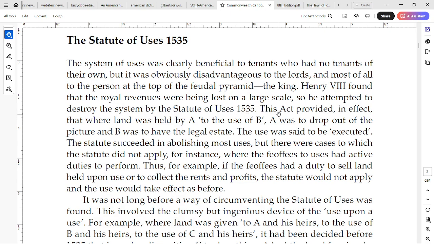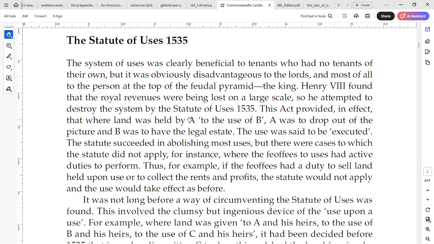Let's see. This act, the Statute of Uses, provided in effect that where land was held by A to the use of B, A would have been a trustee or a feoffee, and the land was held to the use of B. A would have been a passive trustee or a passive feoffee.